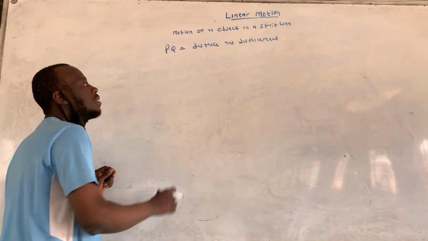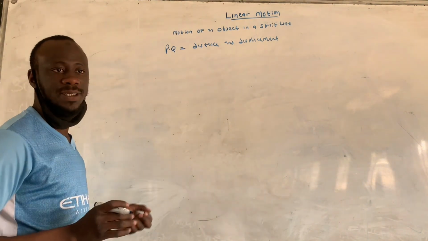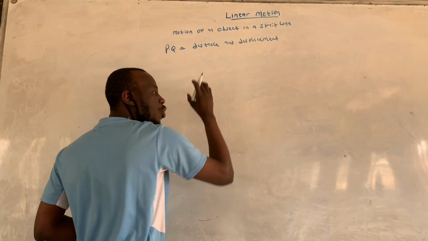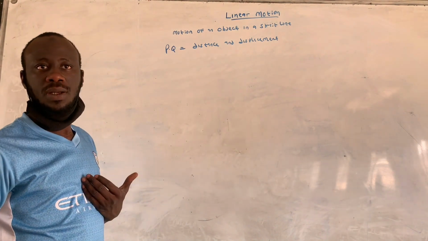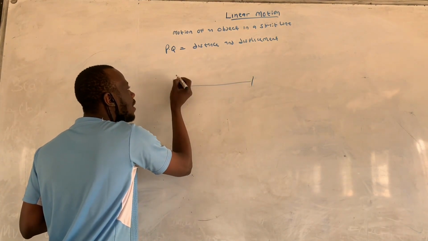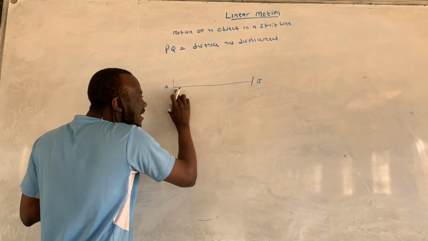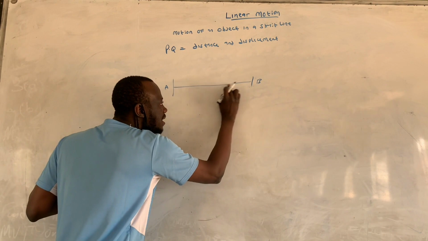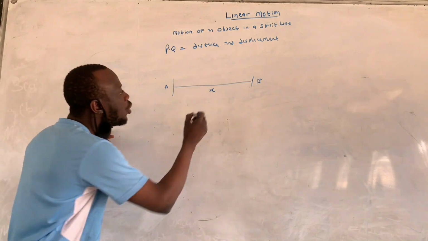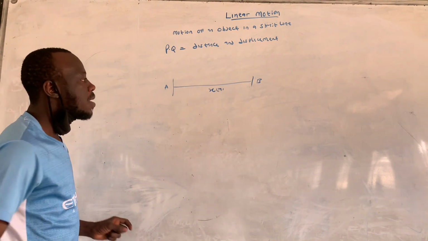Distance and displacement are different words entirely, because displacement is the distance covered in a specified direction. For example, from point A to point B, the length here is the distance. For example, x now is the distance, and all of that distance is always in meters.